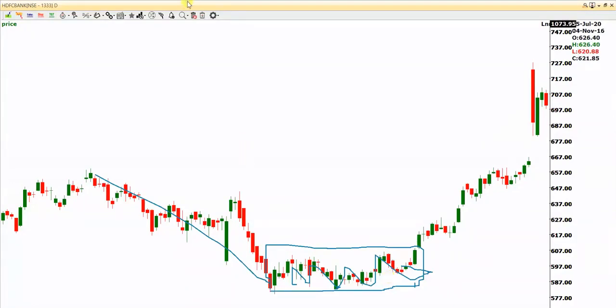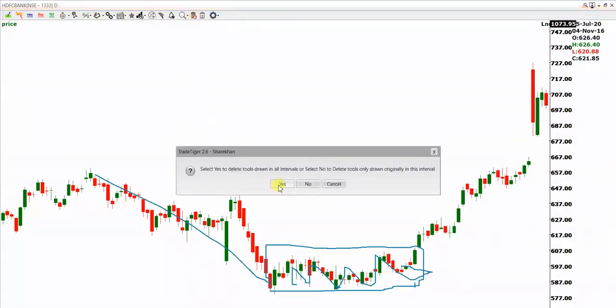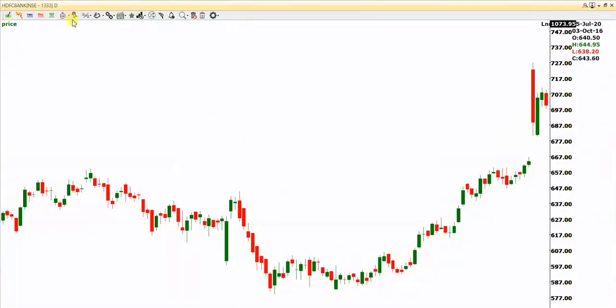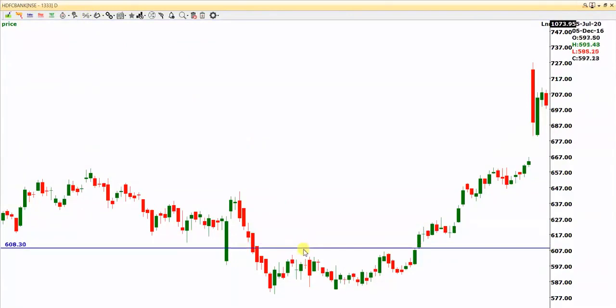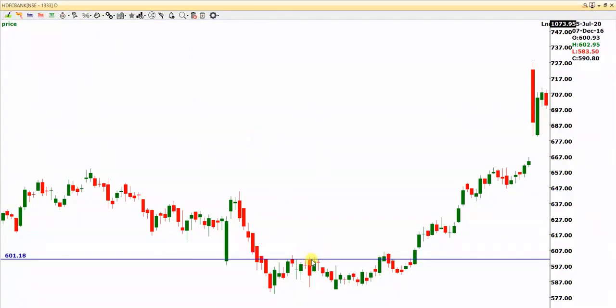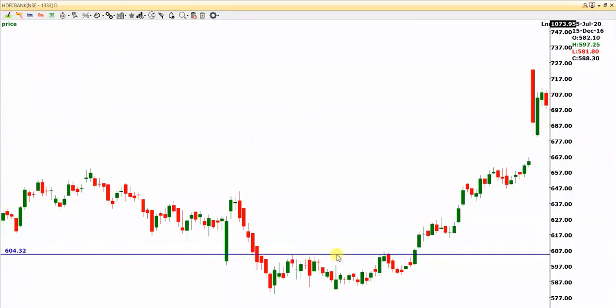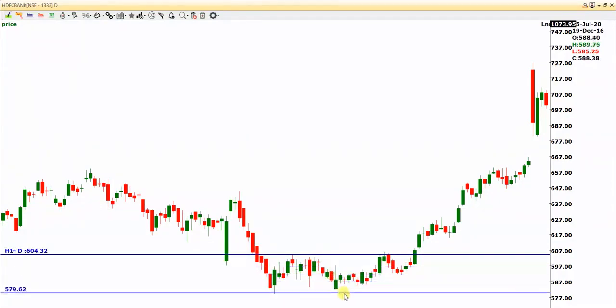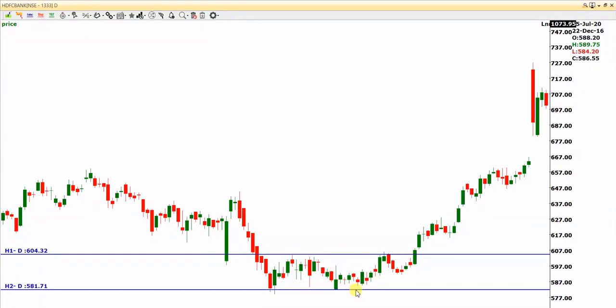Usually what happens, let me explain with a diagram. Let me take a horizontal line here, and another horizontal line at the bottom.